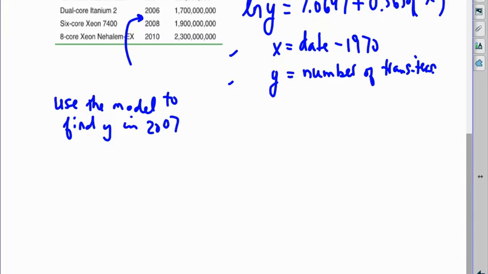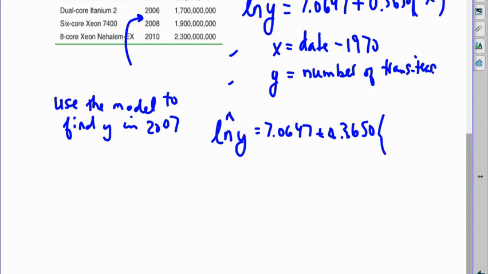All right, so how would we do this? I'd take my natural log of y, I'd say 7.0647 plus 0.03650 times 2007 minus 1970, and then let's see what that is.